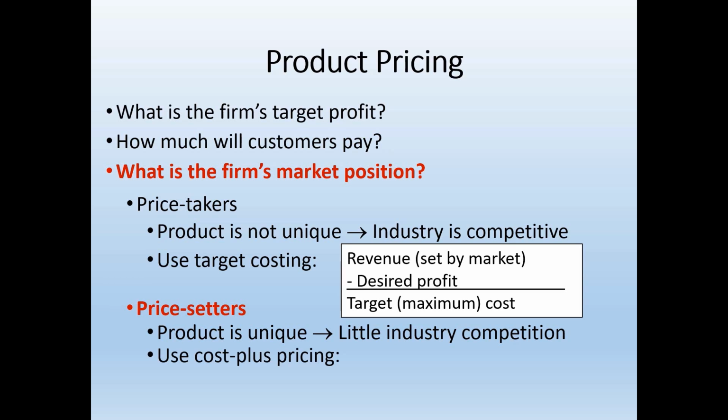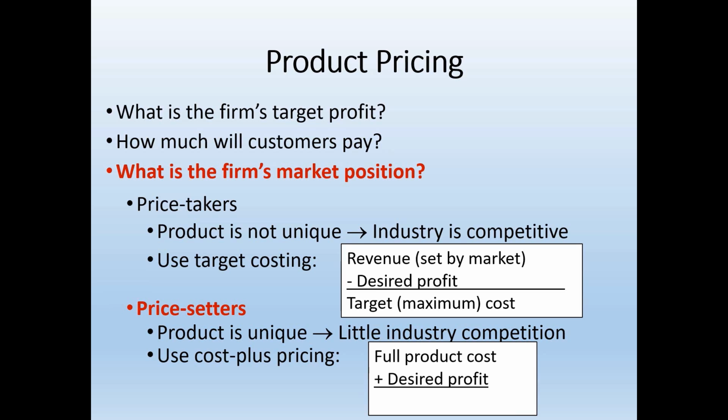Therefore, price setters use cost-plus pricing. That means starting with the full product cost, direct materials, direct labor, fixed and variable manufacturing overhead, and fixed and variable selling and administrative costs. Then they add the desired profit, and the result is their selling price.